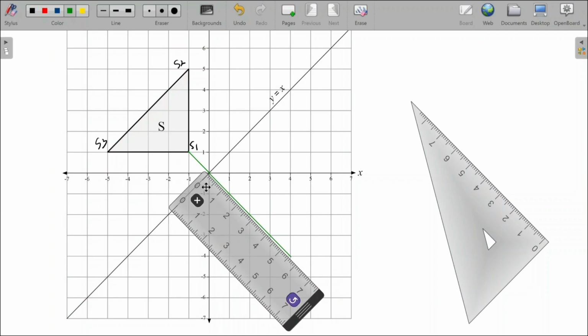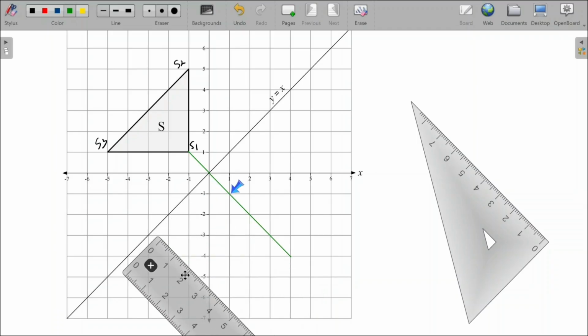Now this is 0, this is 1, 1.4 is here, so we'll pick this point. That's at x is 1, y is minus 1, and we mark it as T1. Let's label the point T1. Next, let's go for S2, and we'll use S2 to find the location of T2.